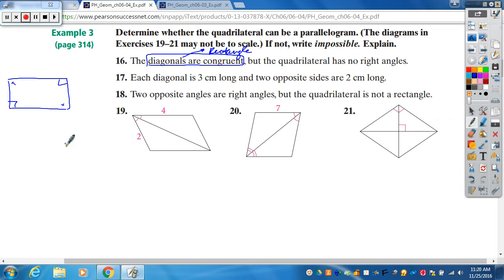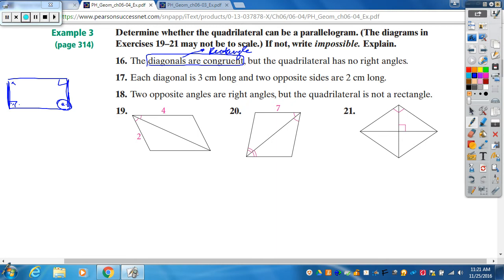Well, that tells me some major information about this figure, and that's this. If this is not a right angle, then I know that this side right here and this side right here cannot be parallel because these are same side interior angles and they must be supplementary in order for the lines to be parallel. If this isn't 90, then these 2 angles are not supplementary to each other.